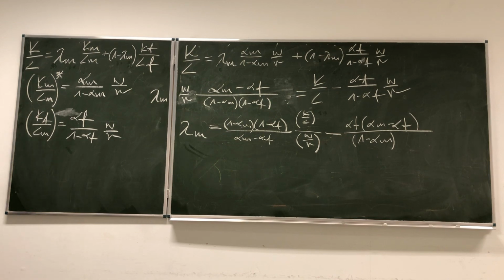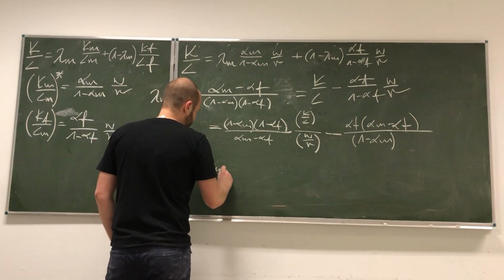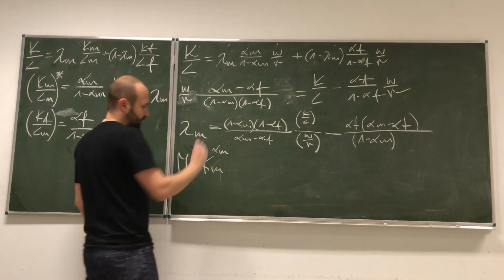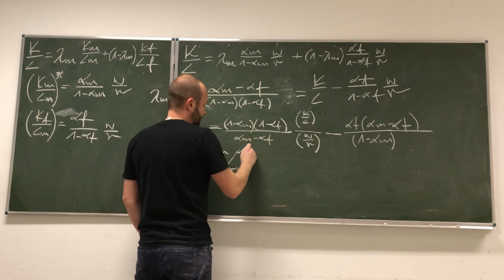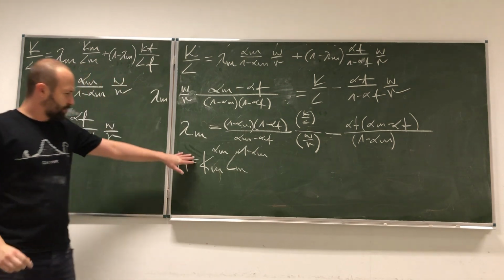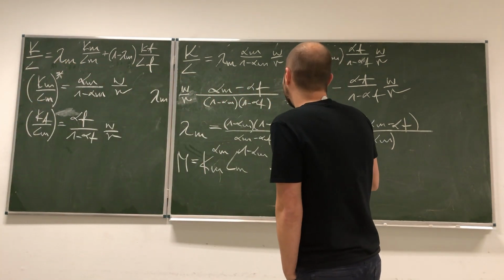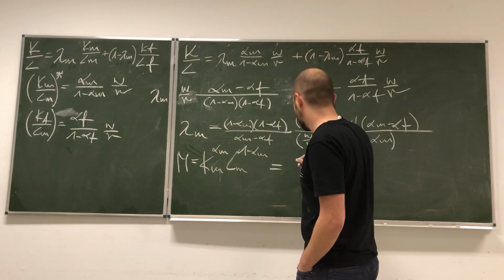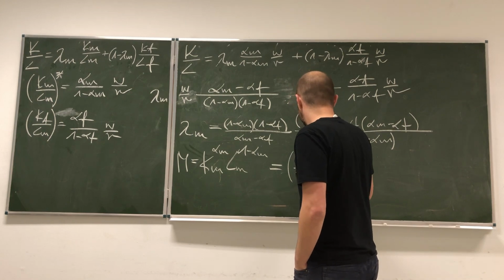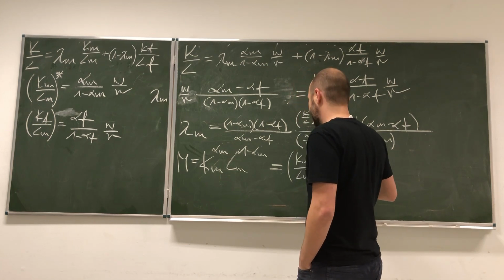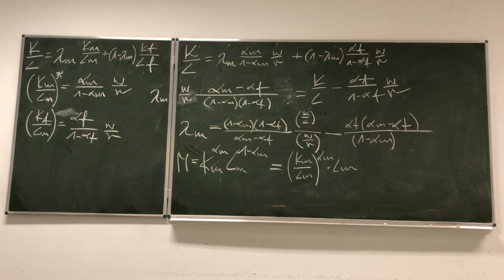Because look, level of production is capital used in production of manufactures to the power alpha m times labor in production of manufacturers times 1 minus alpha m, which we can easily transform to Km over Lm to the power alpha m times Lm.